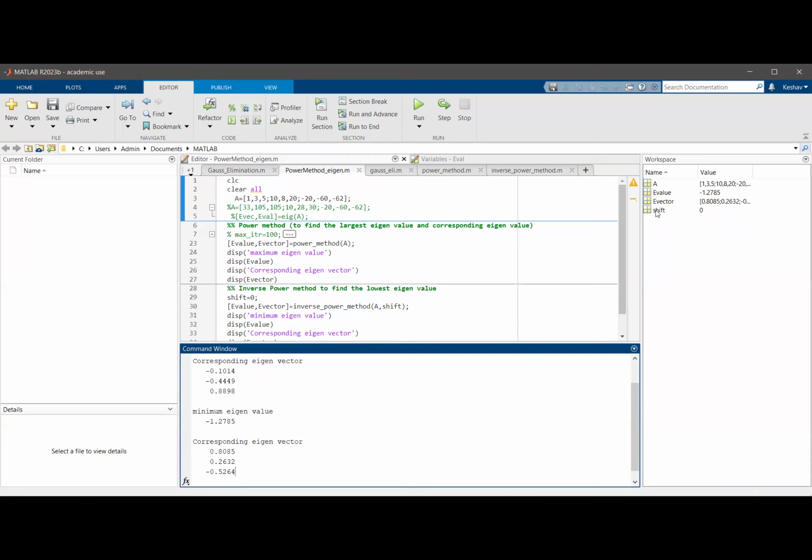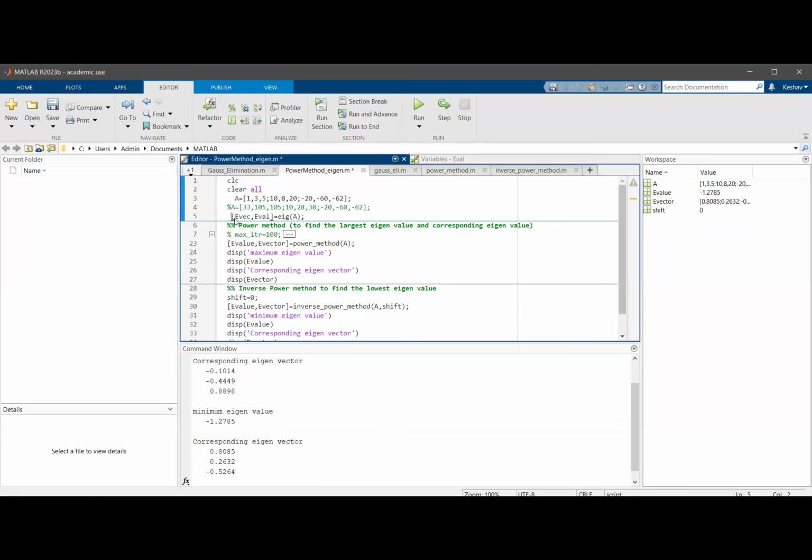Now if I uncomment this part, the inbuilt function, and run the whole code, we get the same eigenvalues and eigenvectors.